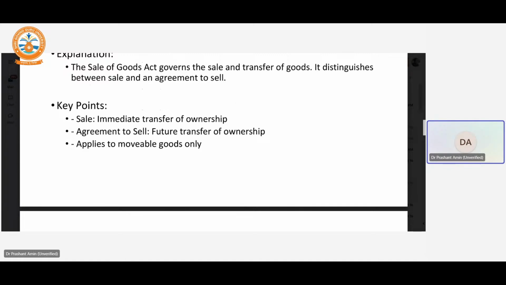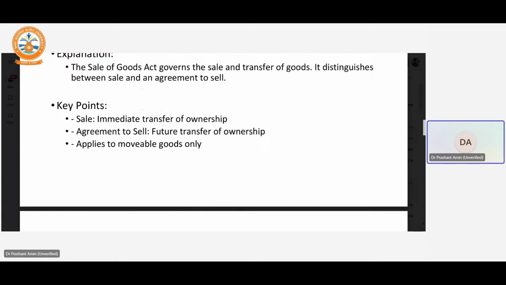When you are walking through a shopping street and there is a display of clothes, it is not an offer by the shop owner, but an invitation to offer.